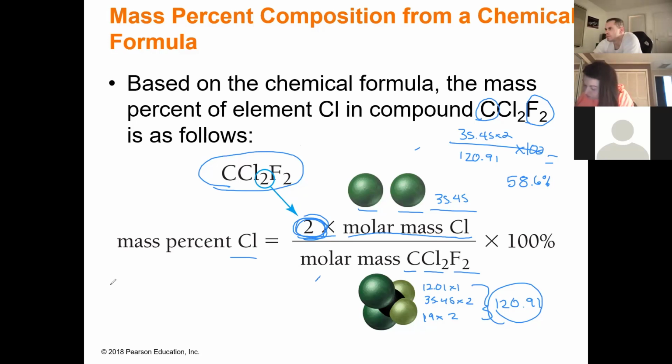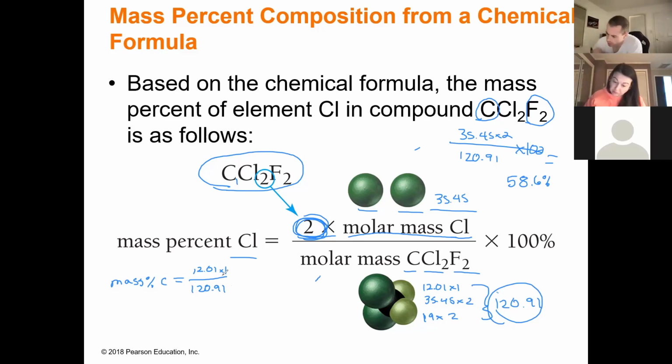Okay, so if we want to do the mass percent of carbon, we're going to take the mass of carbon, which is 12.01. We only need to multiply it by 1 because I only have 1 in the formula. And then I'm going to divide it by the molar mass of the compound that I've already calculated. It's this thing here, so I can just fill that in, 120.91.